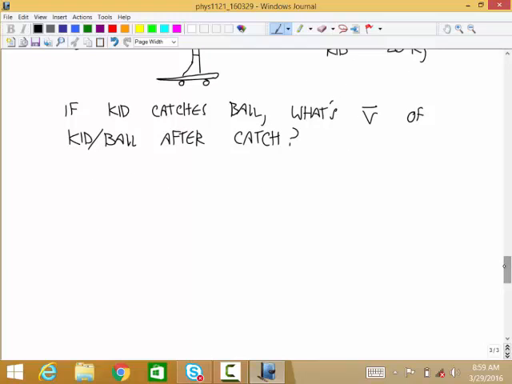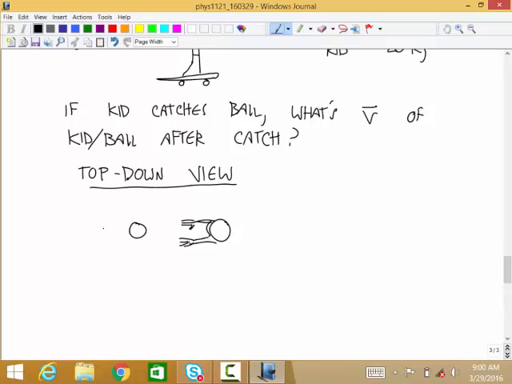Well, remember, we're going to always take a top view for these problems. So from above it looks like this. The ball's coming in at 10 meters per second. The kid's at rest before the collision.